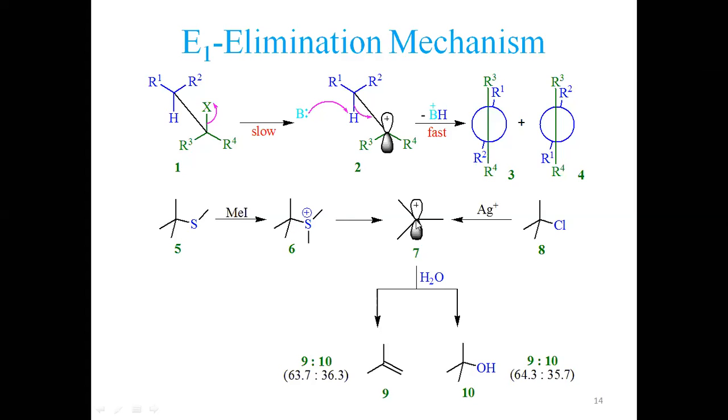This tertiary carbocation can also be generated by another method. Let's say if we don't have this functional group present, say we have chloride, bromide, or iodide here. If we react with silver ion, if you remember, silver ions have a very high affinity for halide ions. So the silver ion may coordinate with this chloride, bromide, or iodide, agitate this bond, and polarize this bond.